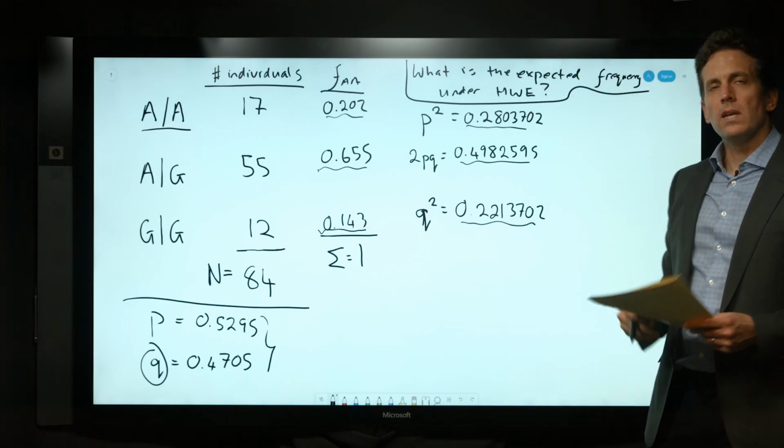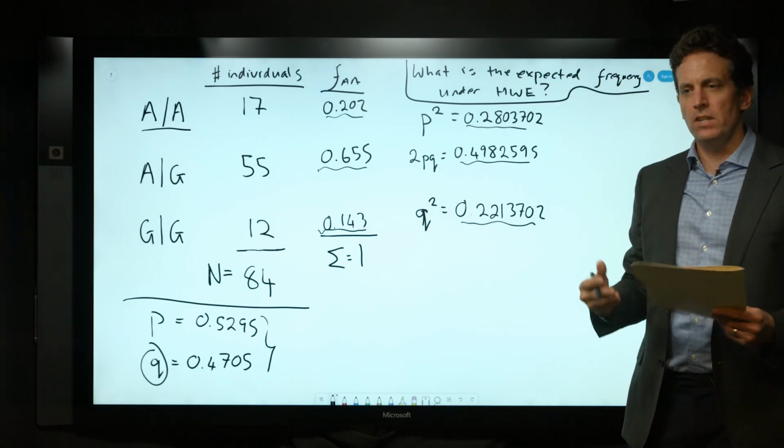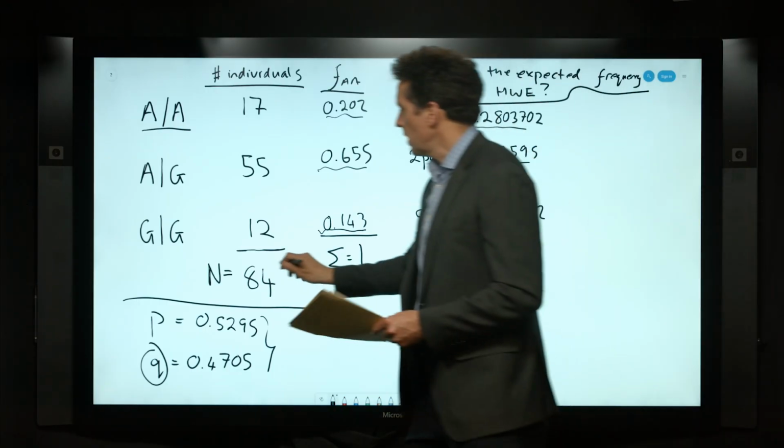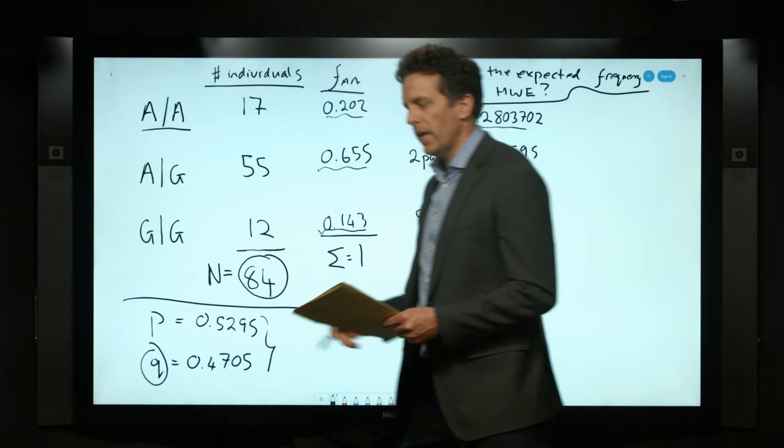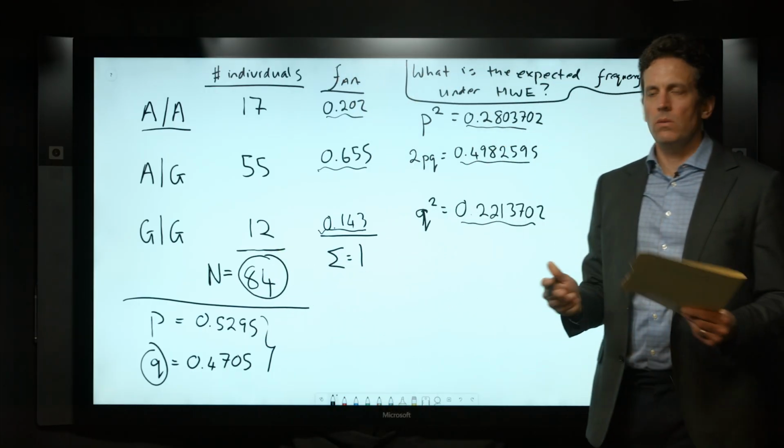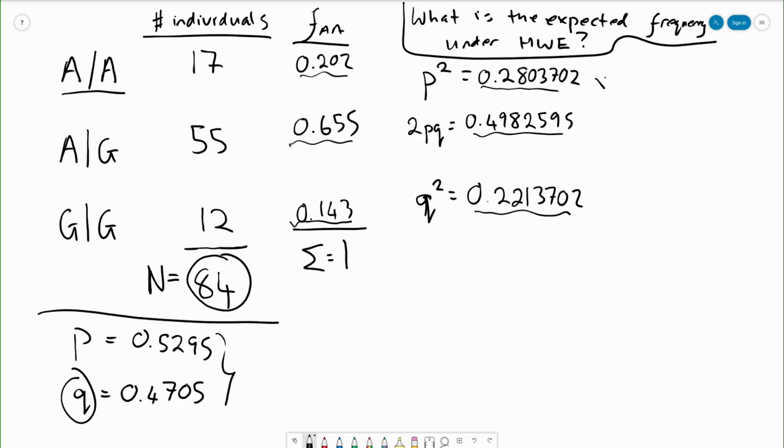And so we can now ask, how many individuals would we expect given that we have sampled a total of 84 individuals? To do that, we'll just multiply this by the number of individuals, which is 84, for each of these. And this is equal to 23.5511. This is equal to 41.8538 individuals.